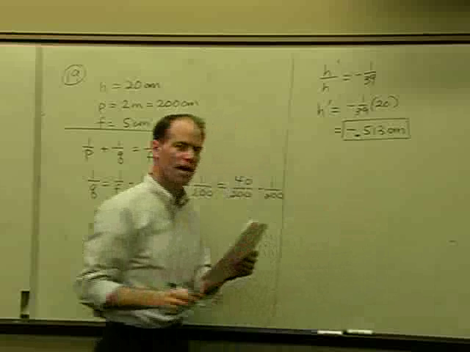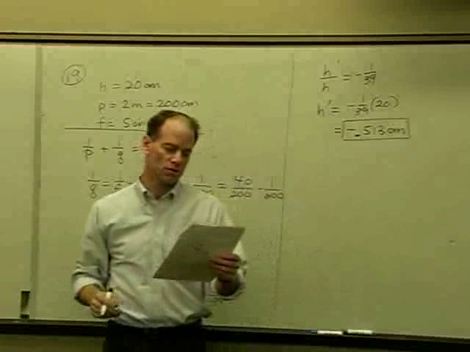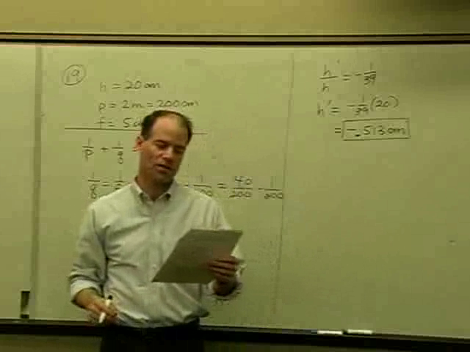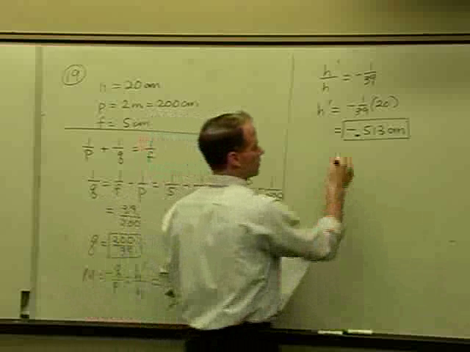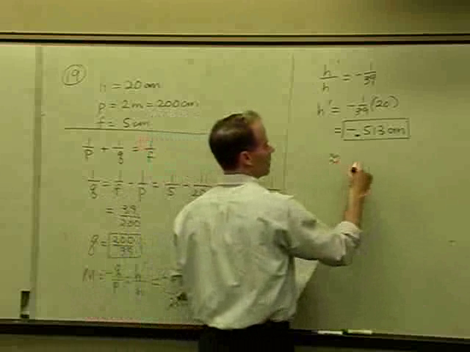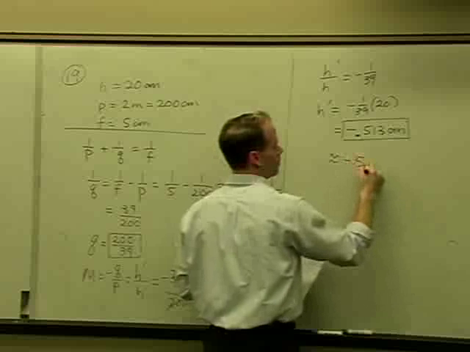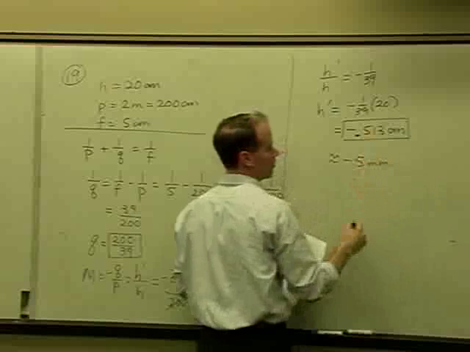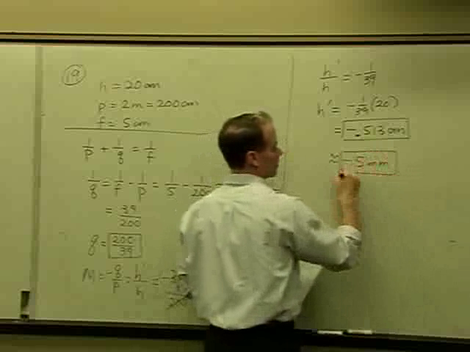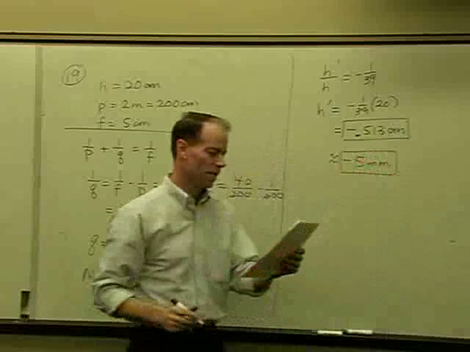That would be the image height. We were told to put the size of the image in millimeters. So this would be approximately a negative 5.13 millimeters. So the size would be the magnitude of that, which would be about 5 millimeters.